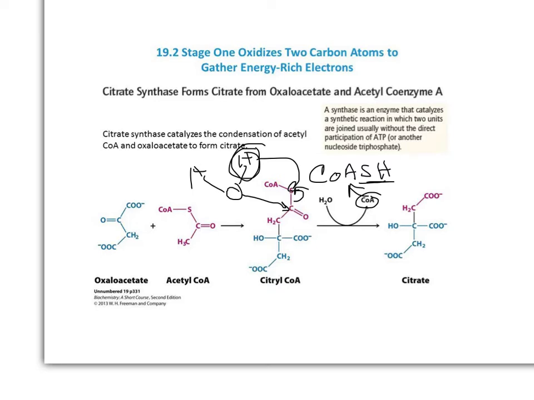So acetyl-CoA, this is reaction 1. Acetyl-CoA enters the cycle as it gets attached to this oxaloacetate, and that leaves us with citrate. You can see these magenta colored carbons are to remind you which carbons were added into this cycle.